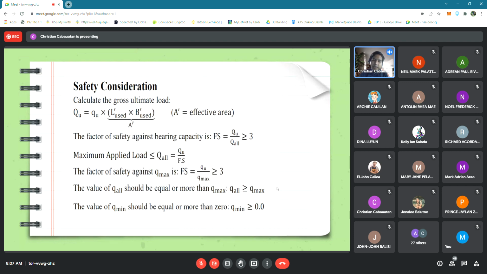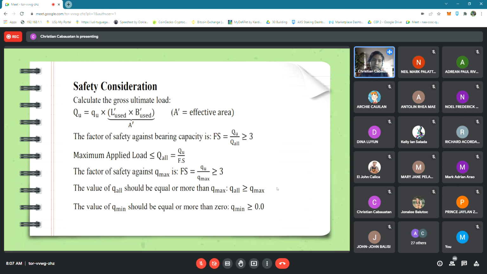For safety consideration, by using the factor of safety, the factor of safety is equal to Q ultimate divided by Q allowable, wherein it should be greater than or equal to 3.